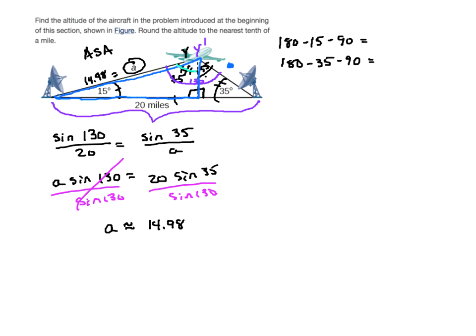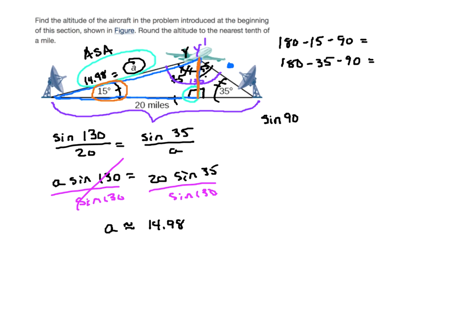That's why I had to find side A. So here's what I know: this is 90 degrees right here, and its opposite side is 14.98. So I can use the 15 degree angle to find the height from the ground that the plane is. I'm going to set that proportion up now.